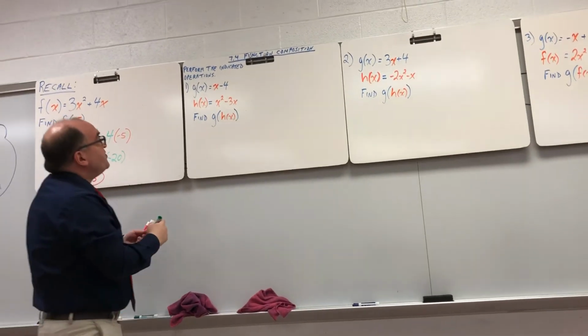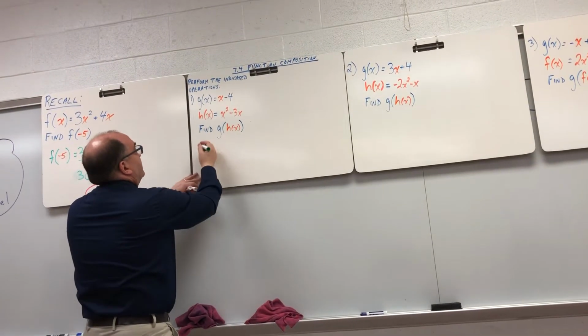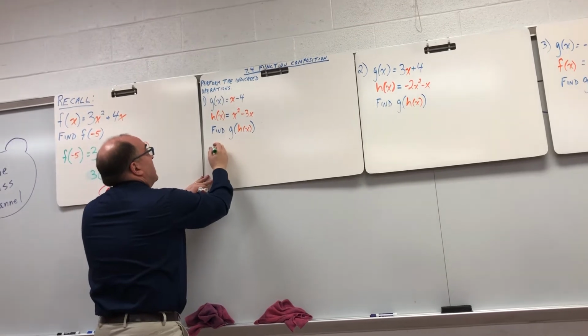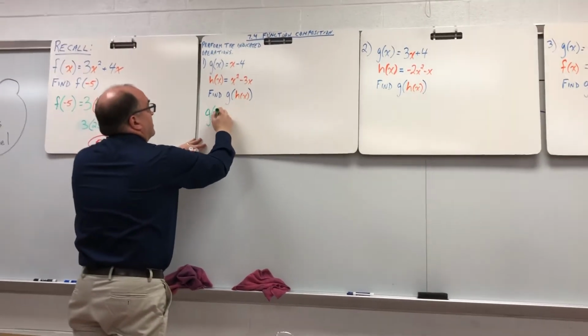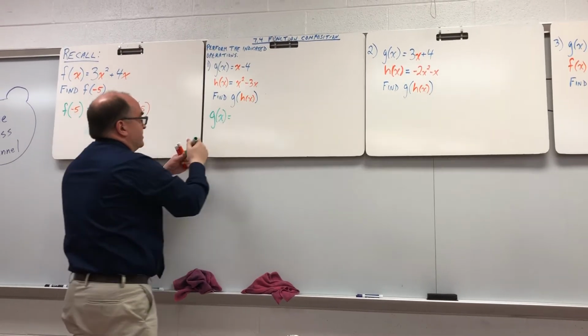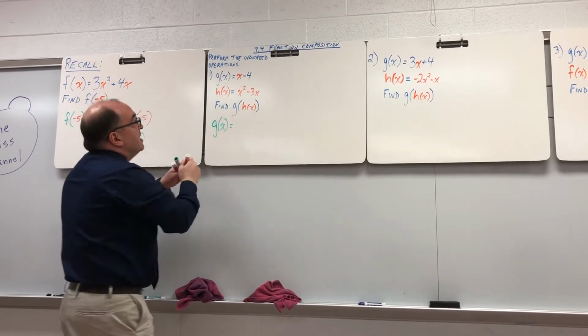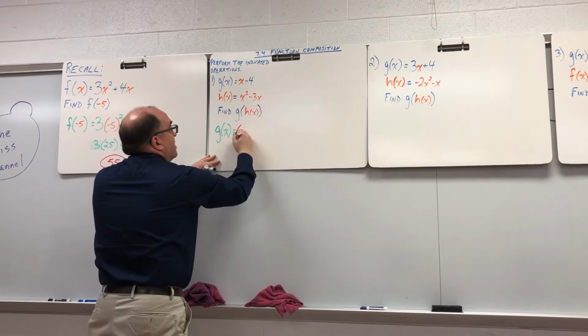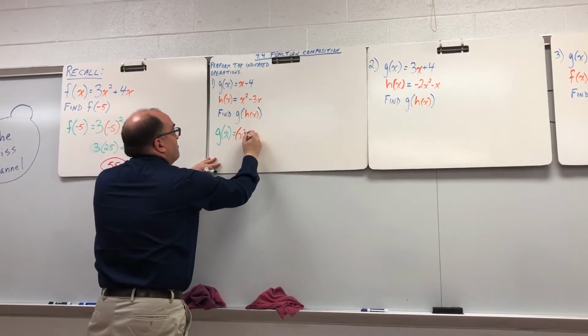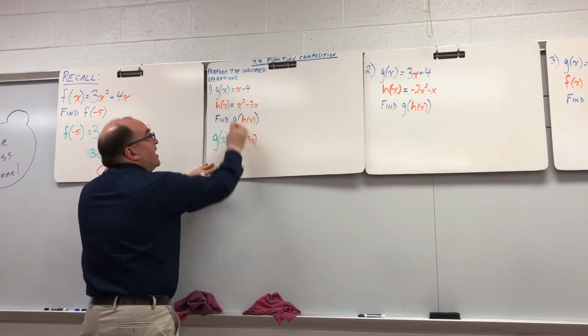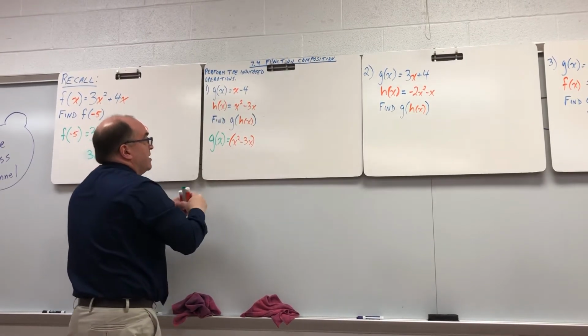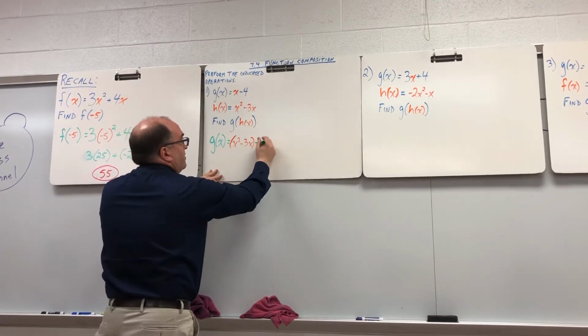Meaning, if g of x is x minus 4, okay? G of x is, instead of x, I'm putting in x squared minus 3x. This whole thing instead of x minus 4.